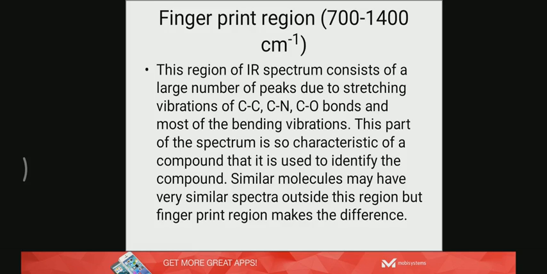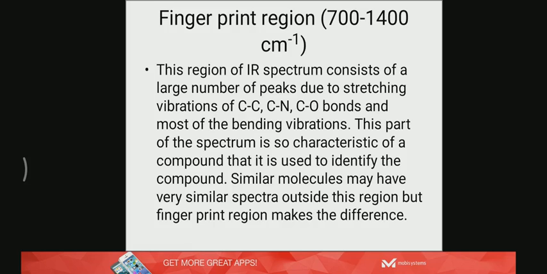Why? It is because of stretching vibrations of C single bond C, C single bond N, C single bond O, right? Which are all very weak bonds. The weaker the bond, the smaller the frequency, and most of the bending vibrations also come in this region. So due to that, a large number of peaks are seen here.